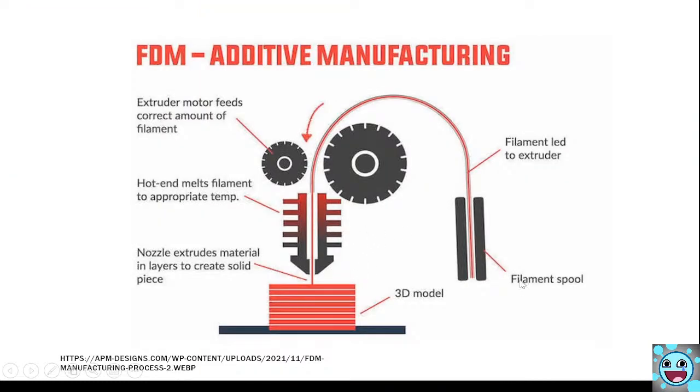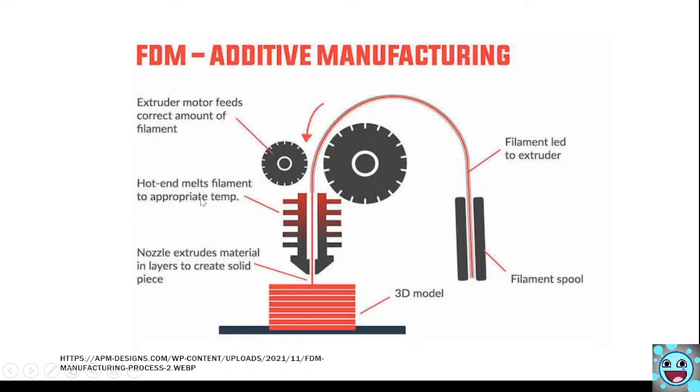So we can see here in this anatomy, the filament spool is here, where the filament is stored, and then the filament goes all the way down through here. The drive motor, or also called the extruder motor, will control how much filament will be going into the extruder or the hot end.